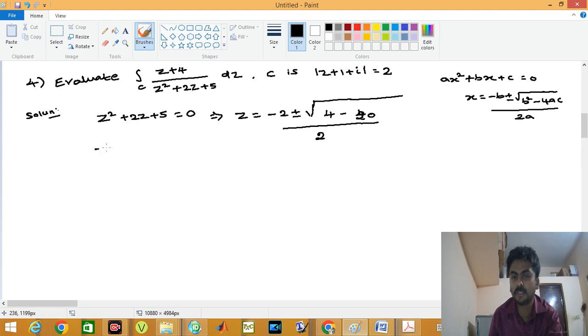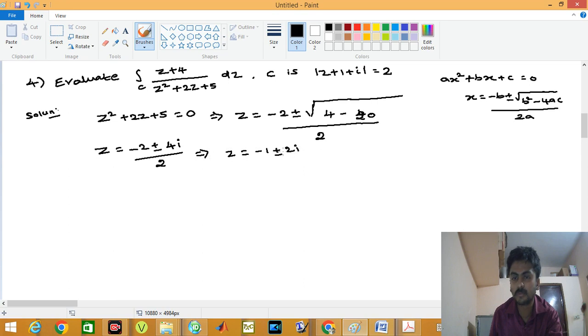So we get z equal to minus 2 plus or minus root of 4 minus 20, which is minus 16, and root of minus 16 is 4i, so plus or minus 4i divided by 2, which implies z equal to minus 1 plus or minus 2i.